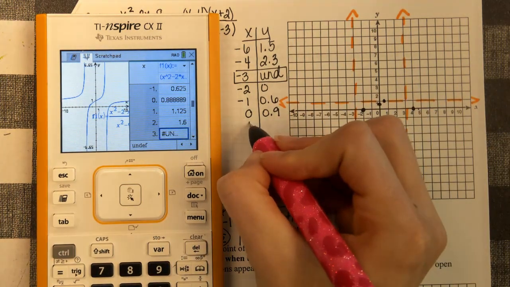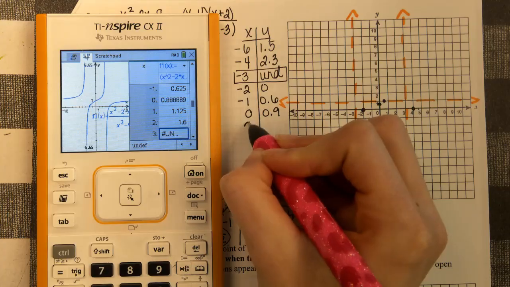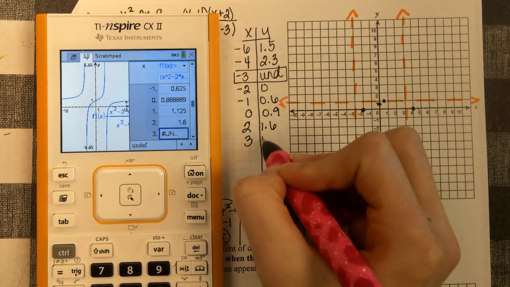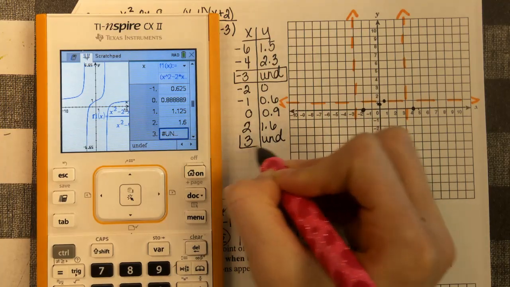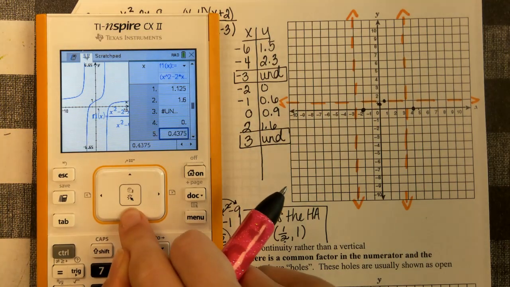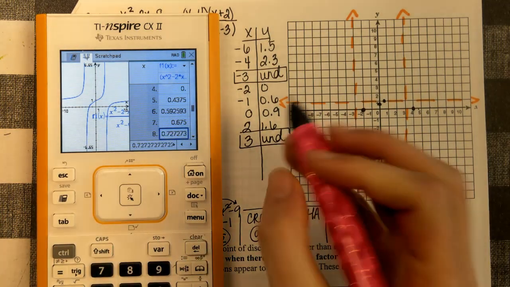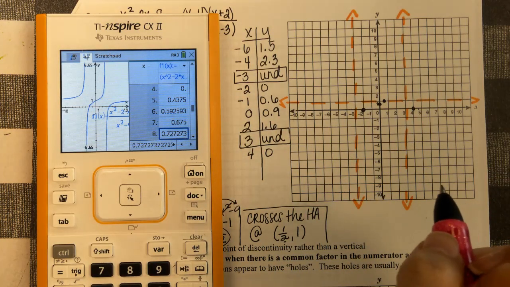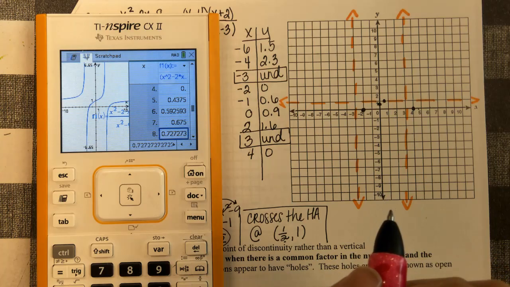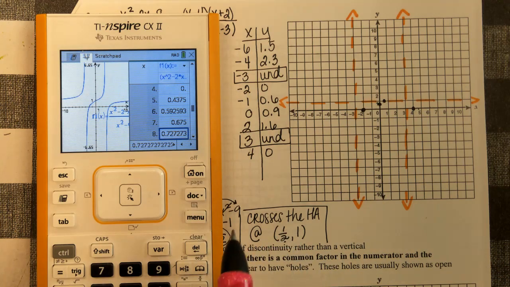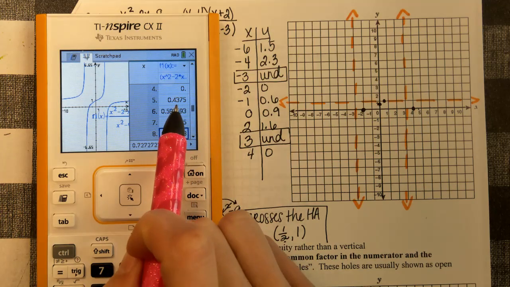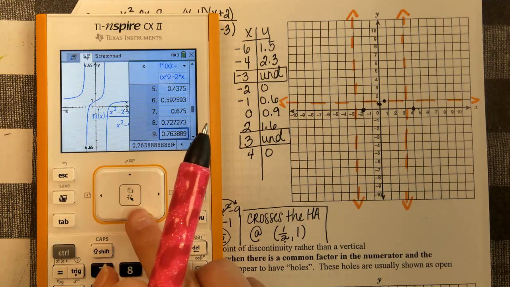And then you can do that, let's say 2, 1.6. 3 becomes undefined again. 4, 0. If you want to do one of those 0.4s or 0.6s, you can.